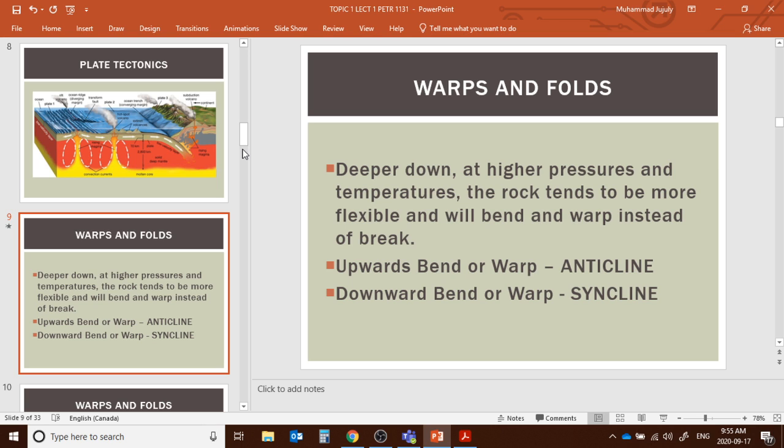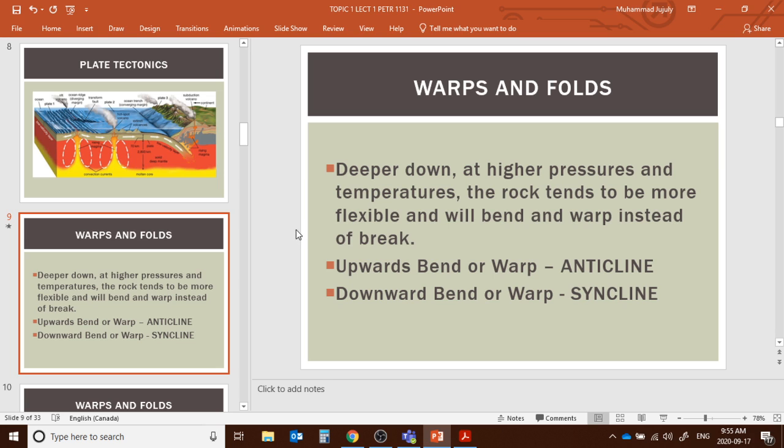What breaks is something more fragile. Just think about a glass. At normal temperature, the glass will break. But if you increase the temperature to nearly 500 degrees Celsius, what happens? The glass will melt, right? So exactly the same phenomenon: the rocks could bend or warp instead of breaking deeper down, at higher pressure and higher temperature.